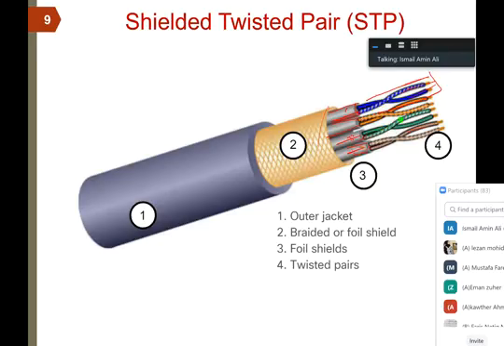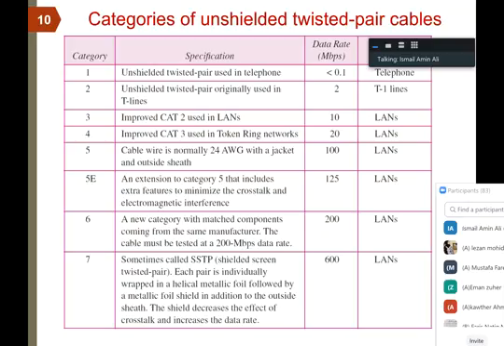So the crosstalk will be even less with the shielded twisted pair. Okay, and this is like a braid. This is copper mostly, or sometimes aluminium, and this is normally aluminium foil. They use it because it's cheap and light.